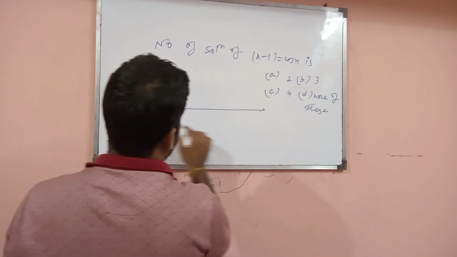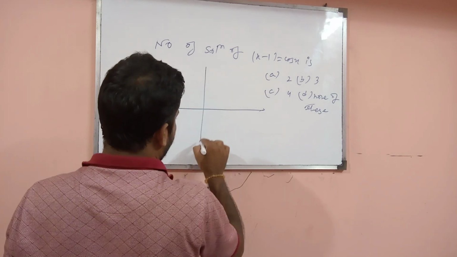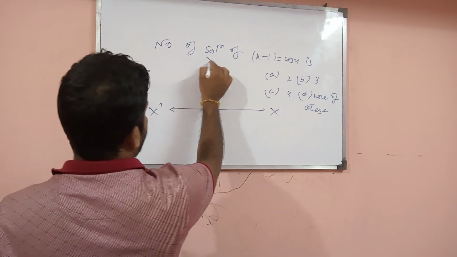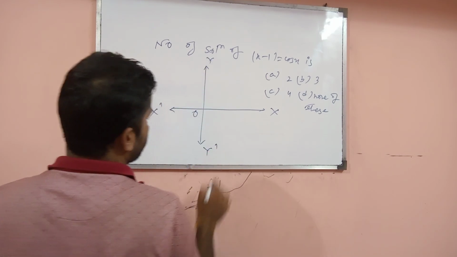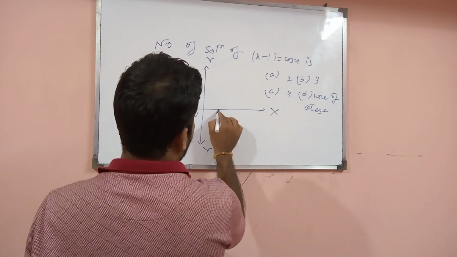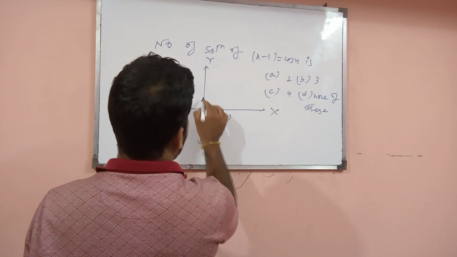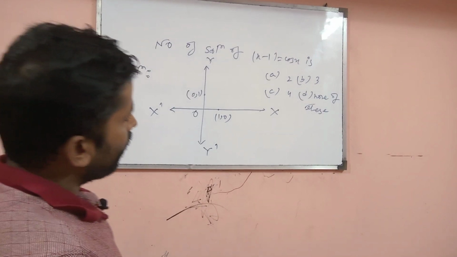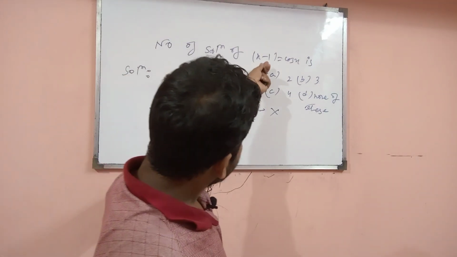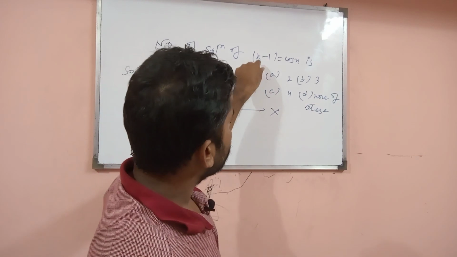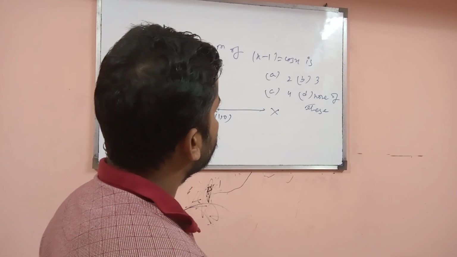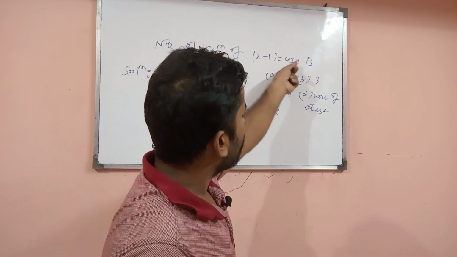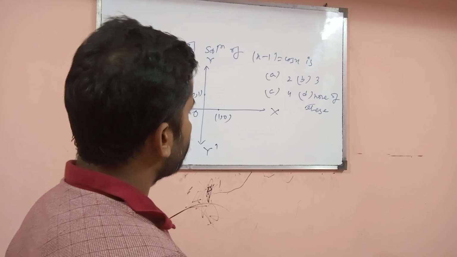So let's draw two perpendicular axes. Suppose x o x dash and y o y dash. Suppose this point is 1 comma 0 and this is 0 comma 1. As this is a modulus function, its least value will be 0. If it is 0, then cos x is also 0.